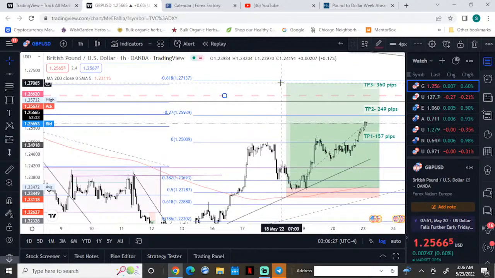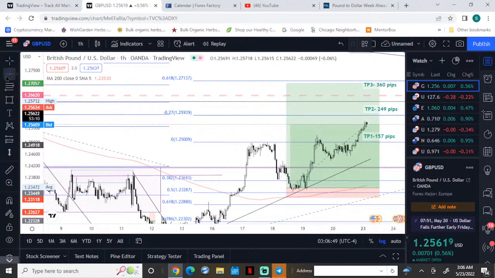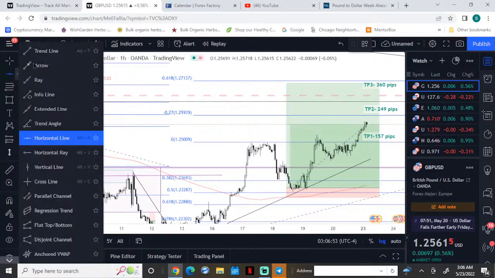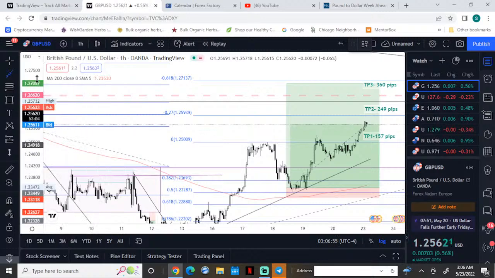Unfortunately, I did not hold this trade over the weekend, but I did hop back in it. I got back in at 1.25296, and I'm up 30 pips, so I can mark where I got back in.